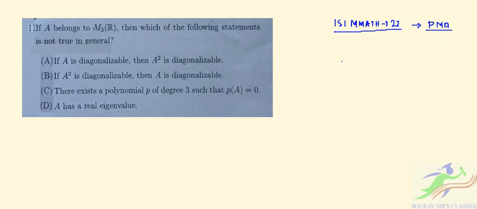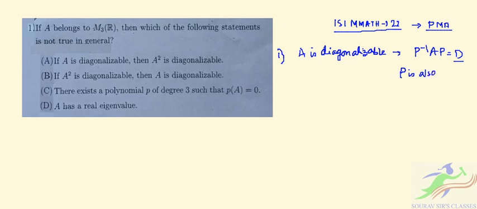If the first option is: if A is diagonalizable, then A square is also diagonalizable. Taking the first option, if A is diagonalizable, then P inverse A P will be equal to some diagonal matrix, which is D, where P is also invertible.